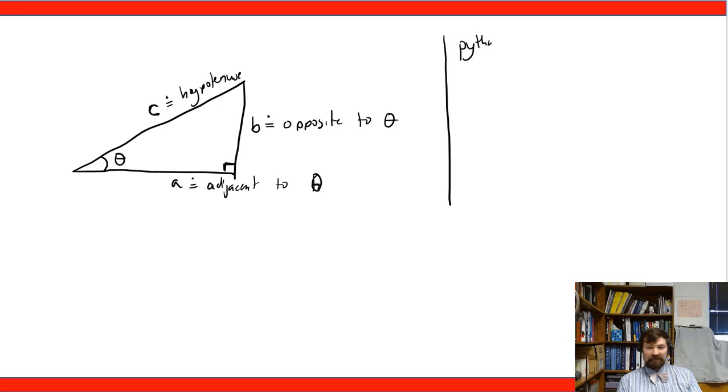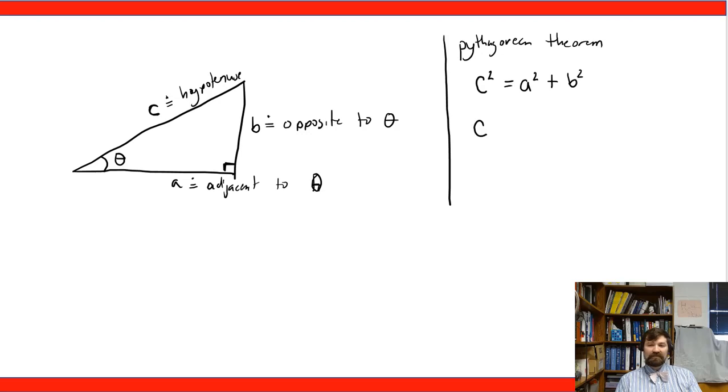So the Pythagorean Theorem says essentially that the hypotenuse squared is equal to the sum of the squares of the two sides, a squared plus b squared.